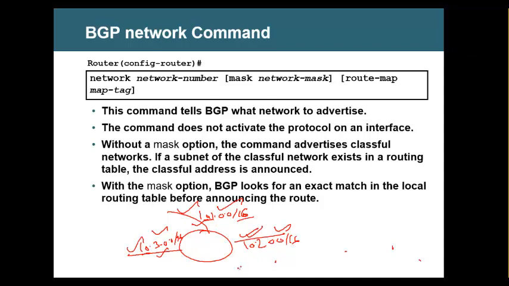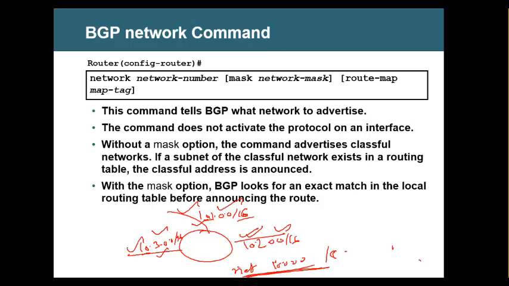So if I simply say network 10.0.0.0, BGP will not be running for any of this network. If you don't say mask, if you say simply network 10.0.0.0, it will assume /8 and check for /8 in the routing table.